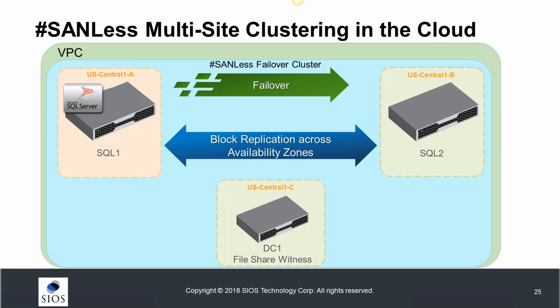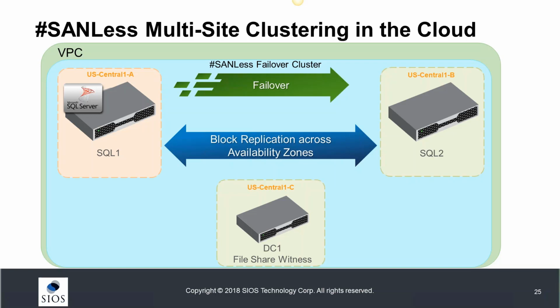Now in the Google Cloud Platform, what's pictured here is two SQL nodes in the same region but different zones: a US Central 1A zone and a US Central 1B zone. And we're leveraging a file share witness. If you're familiar with Microsoft clustering, you'll know that you have to configure the quorum. Because there's no shared disk, you're going to use a file share witness for your quorum.